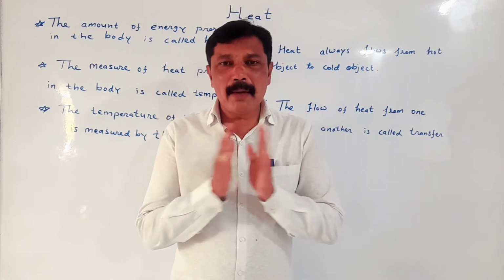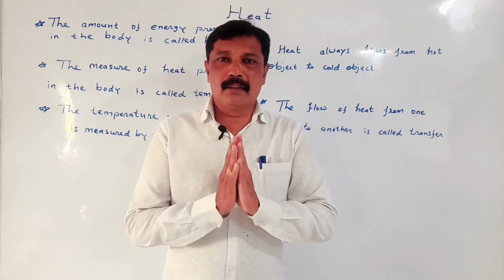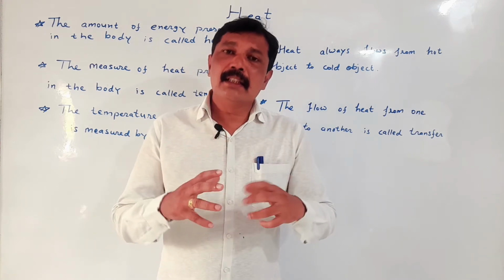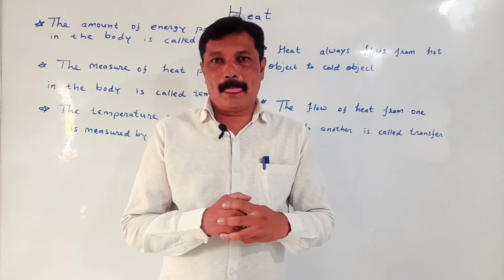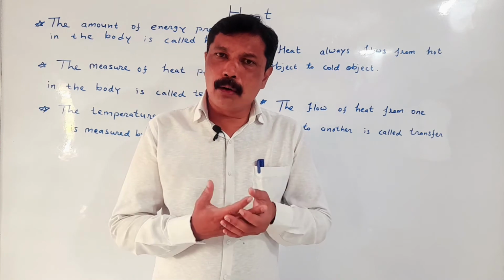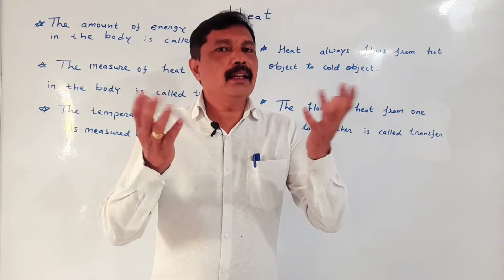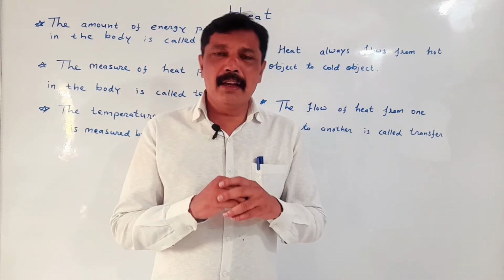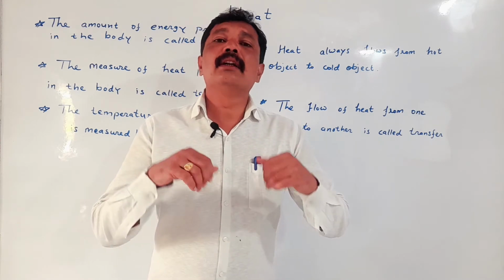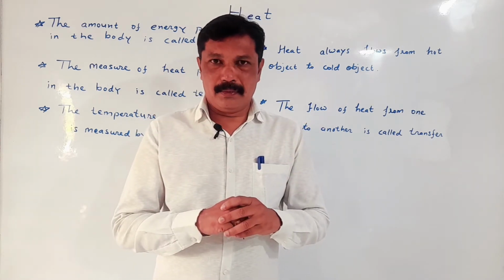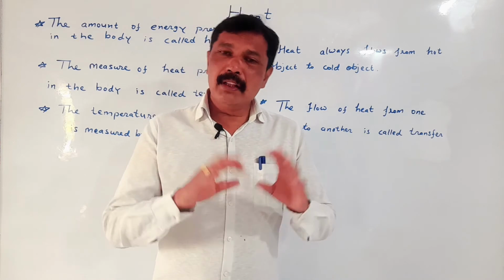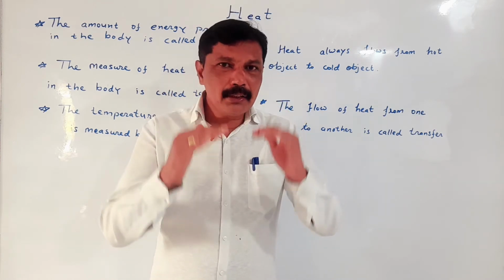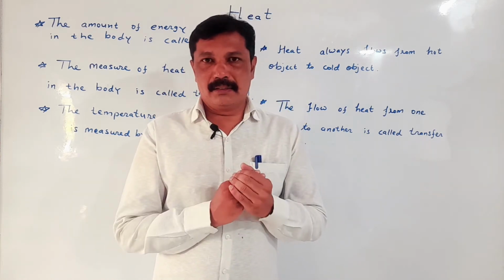From this activity, my dear student, we can learn that heat is absorbed by the body. When the heat is absorbed by the body, the temperature of the body will increase. In the same way, heat is also liberated by the body or given out. When the heat is given out, then the temperature of the body decreases.